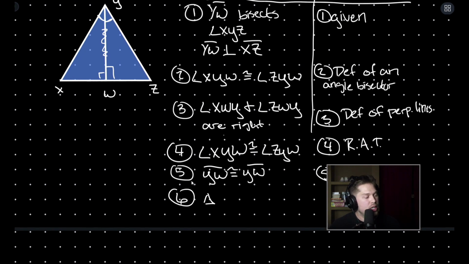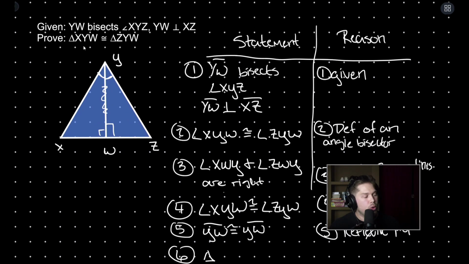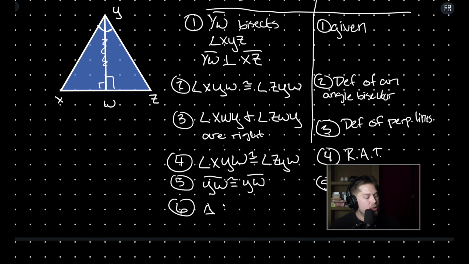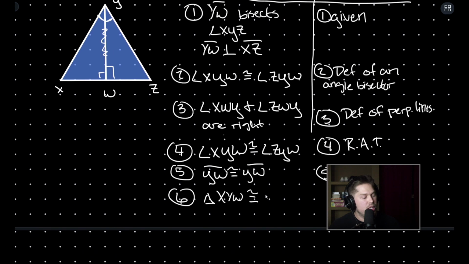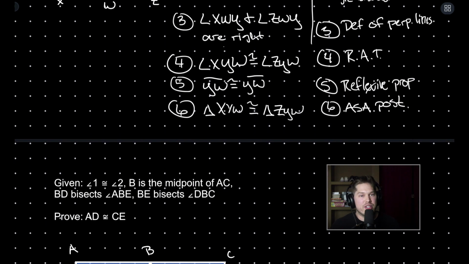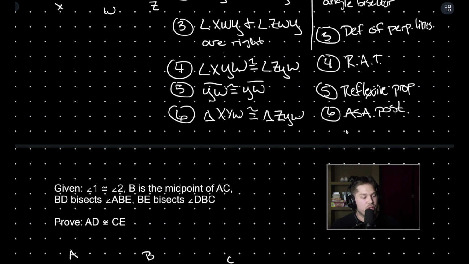So let's rewrite the order as it says: triangle XYW is congruent to triangle ZYW, and the reason is because of the angle, side, angle postulate. Excellent. Here, let me scroll down so you can see that last bit of work.